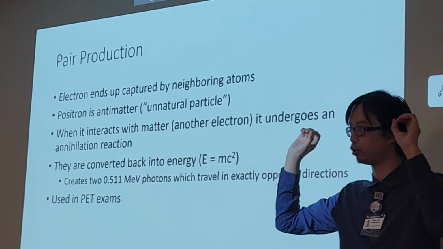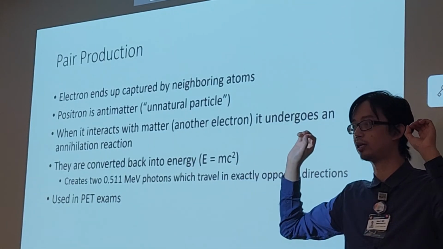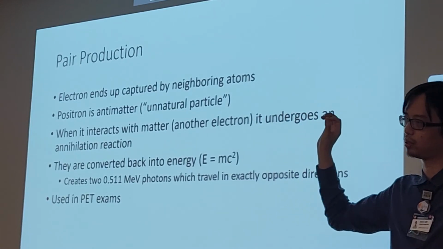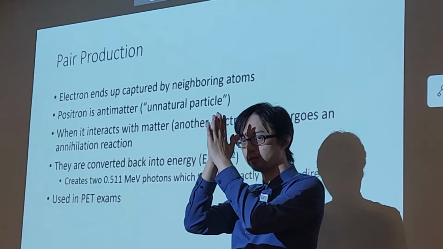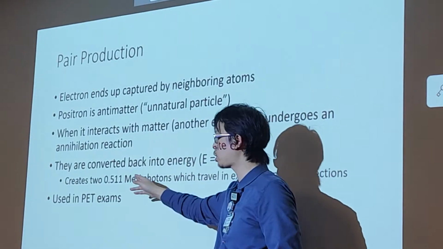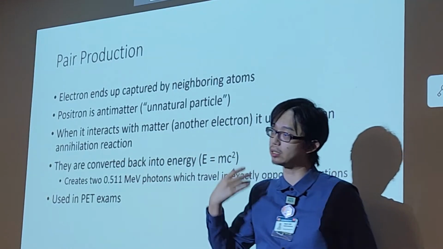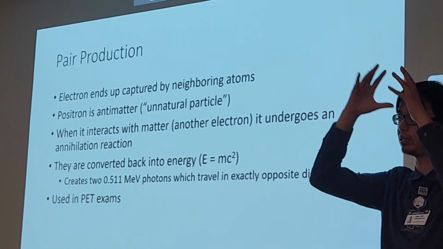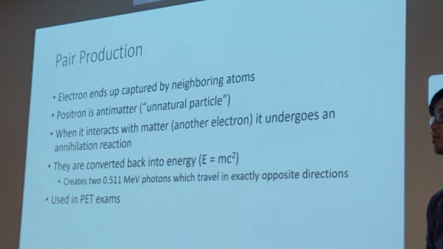Each one is worth 0.51 mega electron volts. So when they destroy each other, they give you back the same amount of energy needed to create them. Equivalent exchange. Energy comes in, makes matter, matter goes away, gives you back the same amount of energy.